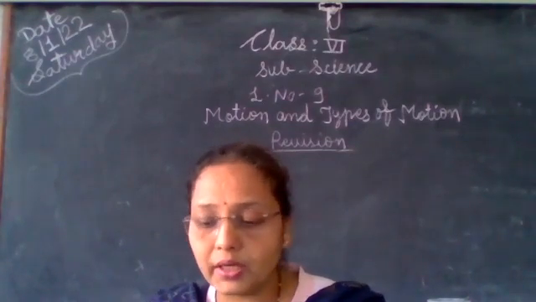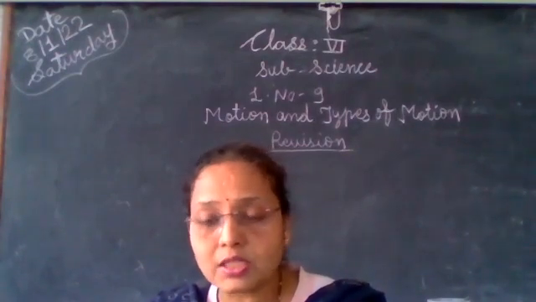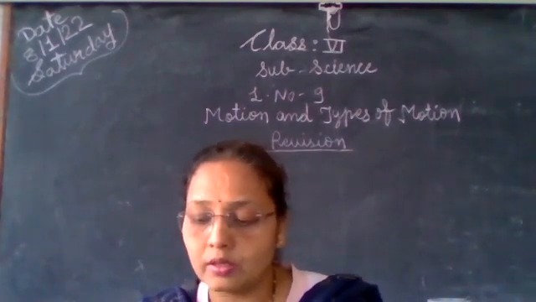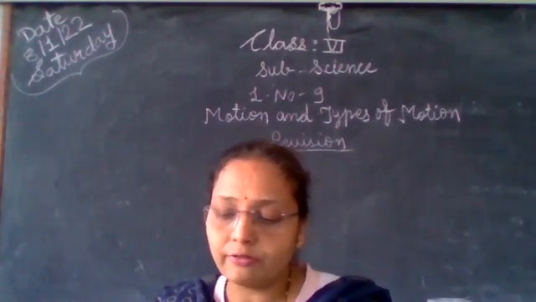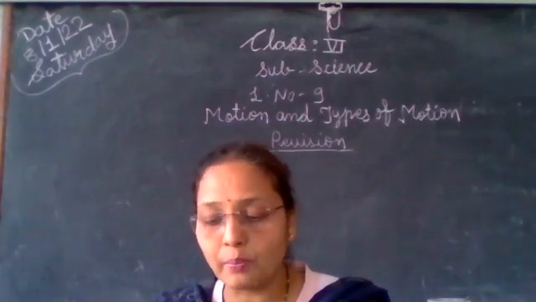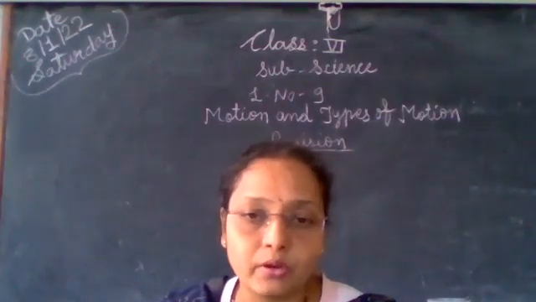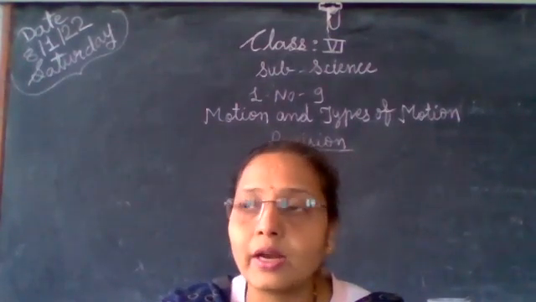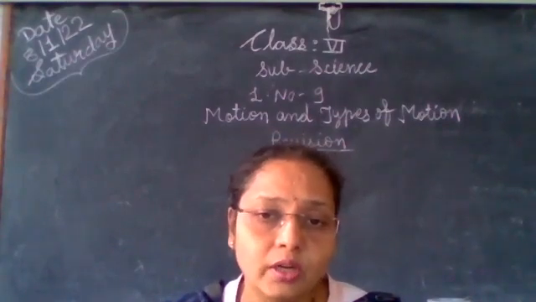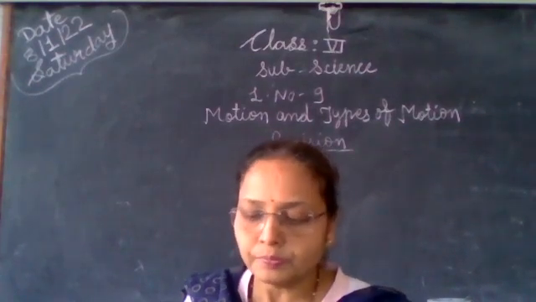So the example is the minute hand of a clock is an example of periodic motion. Also, you can write the revolution of the earth, rotation of the earth. That is also an example of periodic motion.